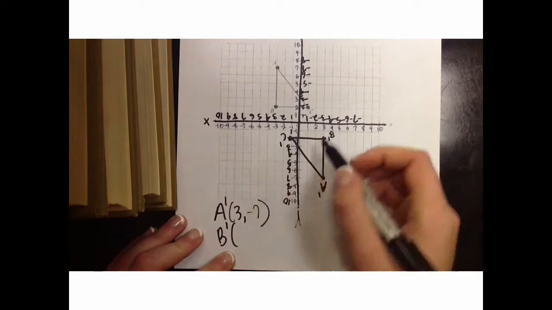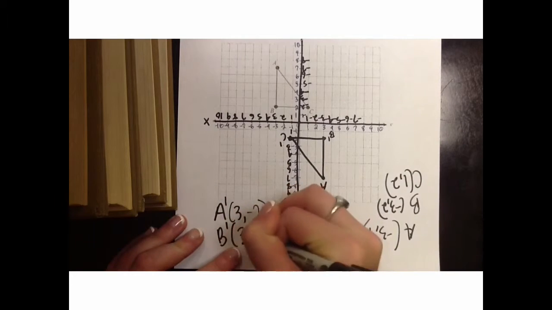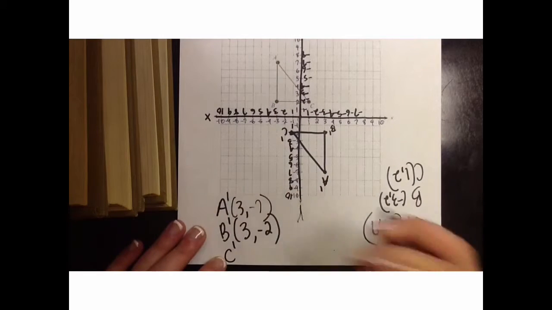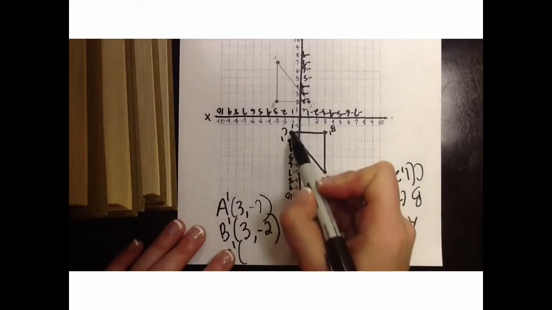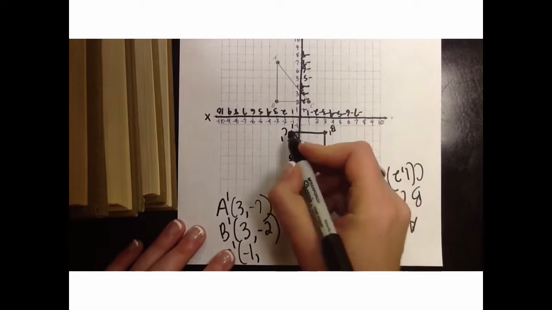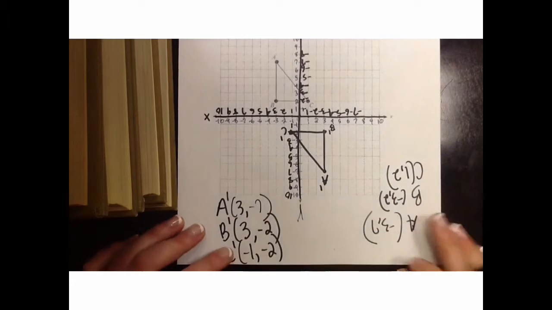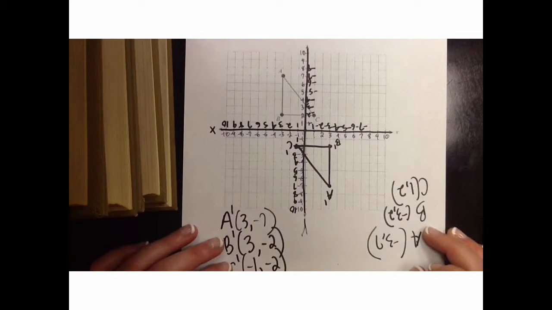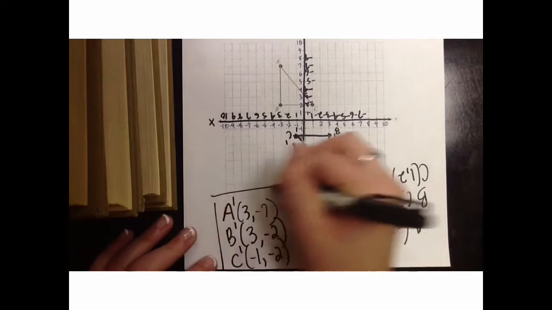B prime is at 3, -2. And C prime is at -1 and -2. So there you have it. There's a triangle that's been rotated 180 degrees around the origin with my new coordinates.